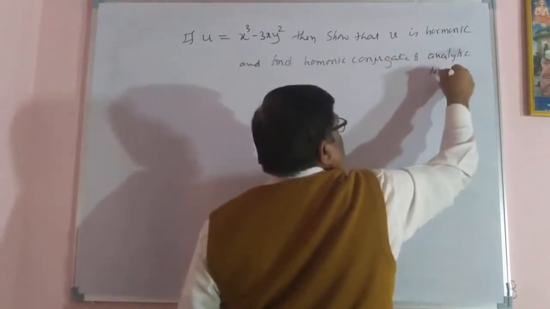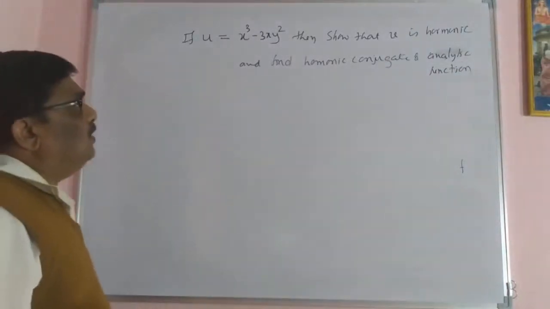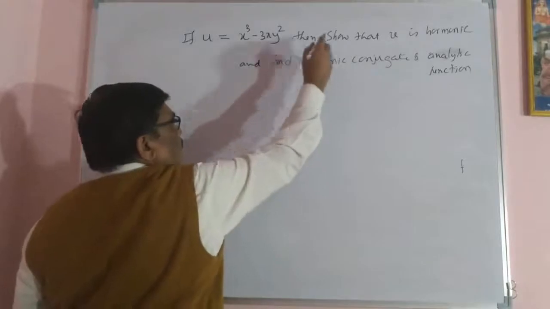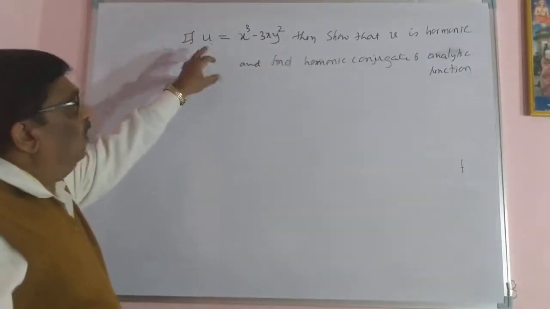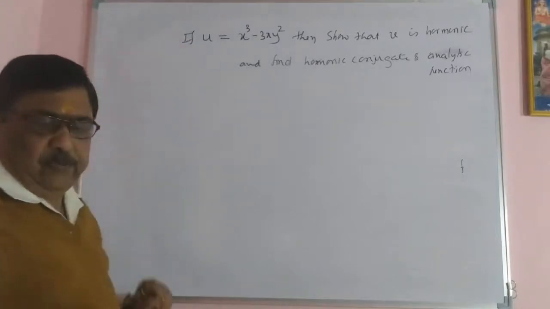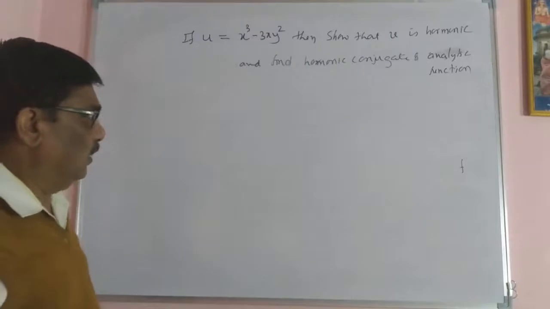This is the problem now. u is given, prove it is a harmonic function. With the help of that, you find v, the harmonic conjugate, and the analytic function.